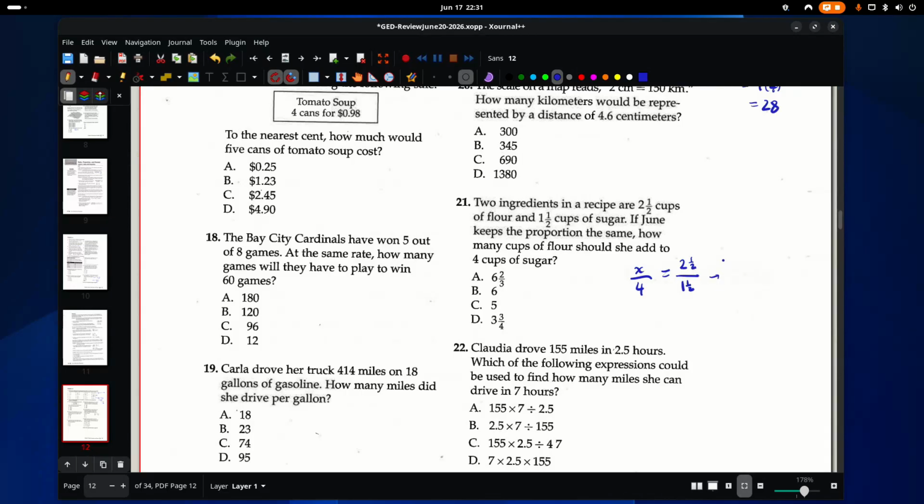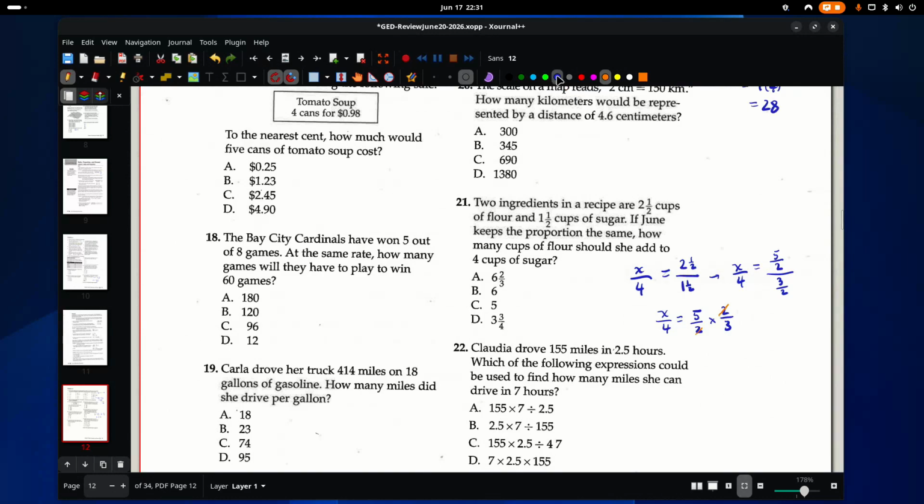But it's better to write those as improper fractions, so x over 4 is equal to 5 over 2 over 3 over 2. So we're dividing by 3 over 2, which is the same as multiplying by 2 over 3. So we get 5 over 2 times 2 over 3, and 2 divided by 2 gives us 1.